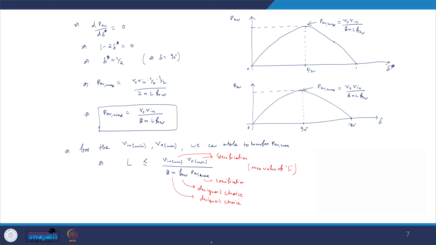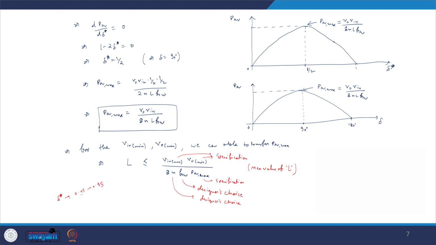Similarly, we can also define the constraints on delta star, because you know delta star corresponds to the phase angle, what can be the maximum phase angle. Because these control schemes are generally developed in a microcontroller, delta star cannot go beyond a certain minimum or maximum value. Generally it is clamped at a minimum of 0.5, and on the maximum side it goes up to 0.95.